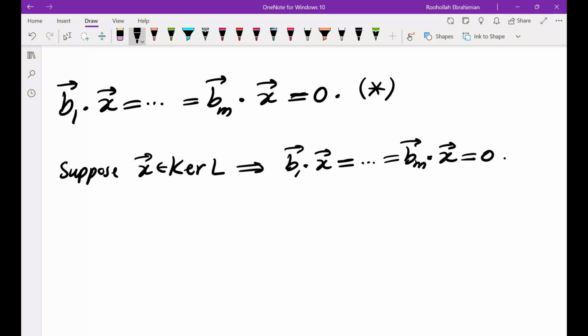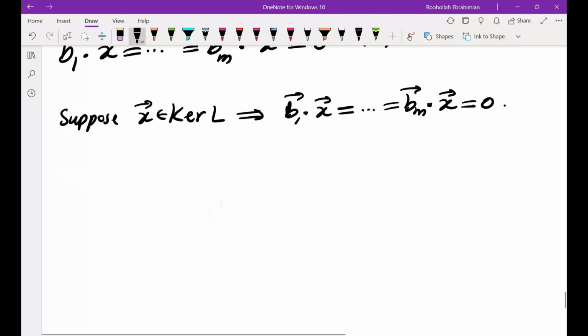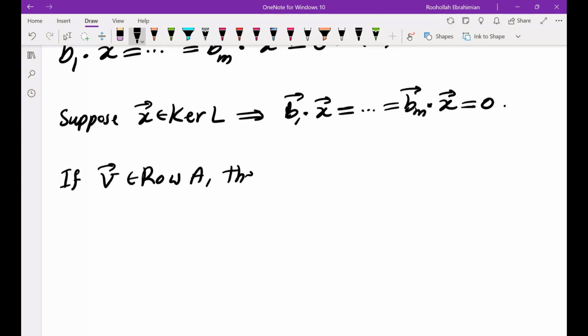That doesn't exactly mean that X must be in row space perp, because what we just showed is that it's orthogonal to all the rows. We haven't shown it's orthogonal to everything in the row space. If V is in the row space of A, then we can write V as a linear combination of these rows, j equals 1 to m.